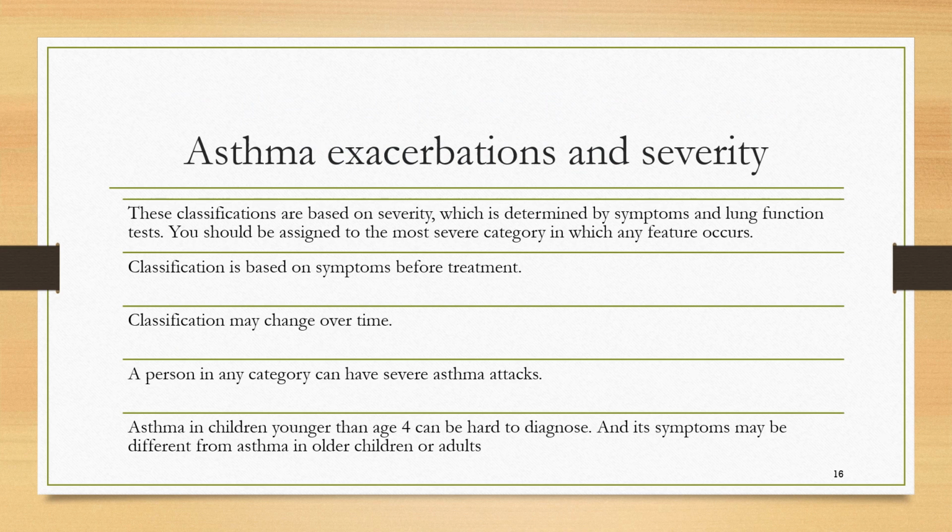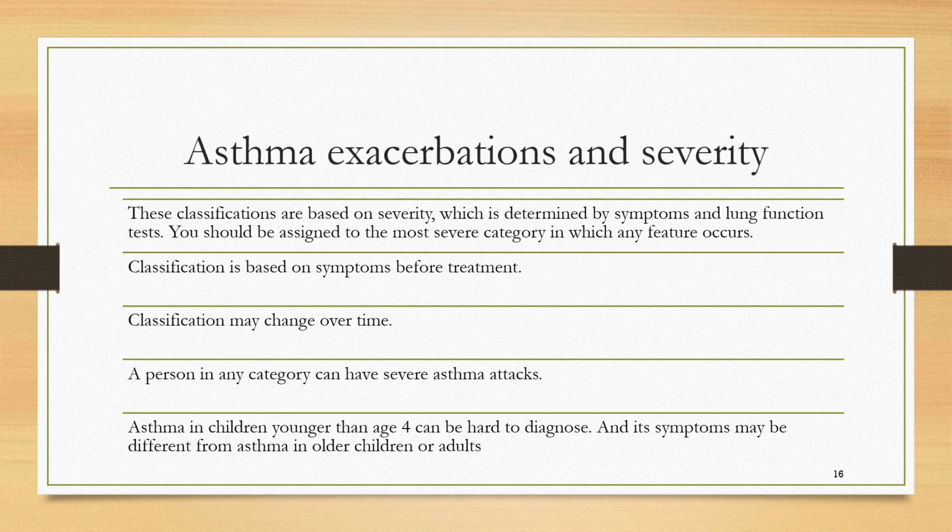As I was mentioning on the previous slide, asthma is classified into different types of groups. The reason for that is if you are a newly diagnosed patient with asthma and you go to the physician, they do an assessment and a history, and they might even do pulmonary function testing.